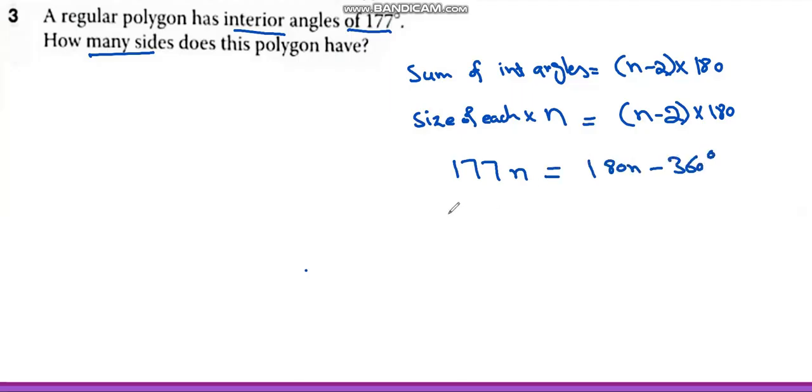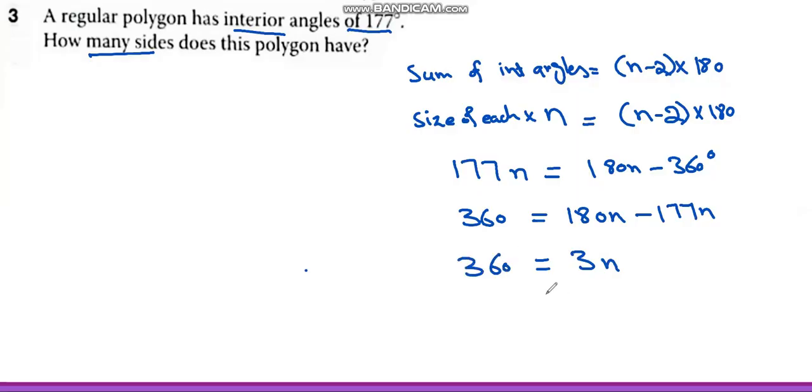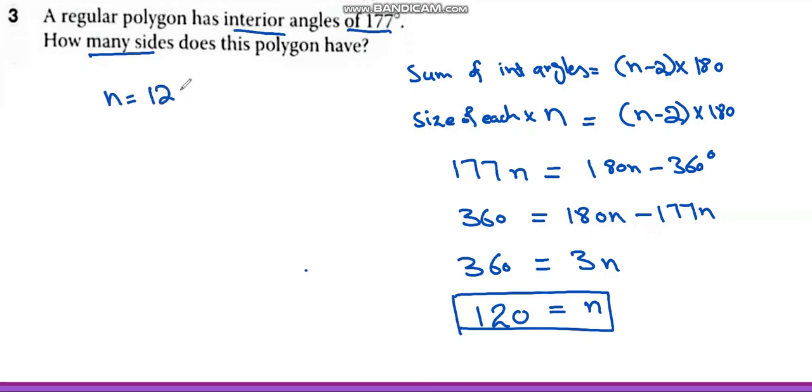We can expand it. Now let's bring constants on the left side and the variables on the right side. We subtract 177n from 180n, and that will be 3n. Let's divide both sides by 3, and we get n as 120. It means there are 120 sides where each interior angle is 177 degrees.